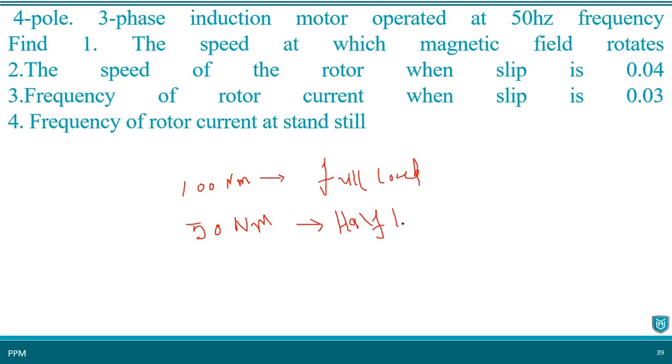So in all such conditions, the machine will have different performance. Its efficiency will be affected, and losses will be affected. So this is very important. In your syllabus we have examples where we can ask you to calculate the efficiency at half load and efficiency at full load. Such kind of examples we will be calculating in this subject. Is it clear now?